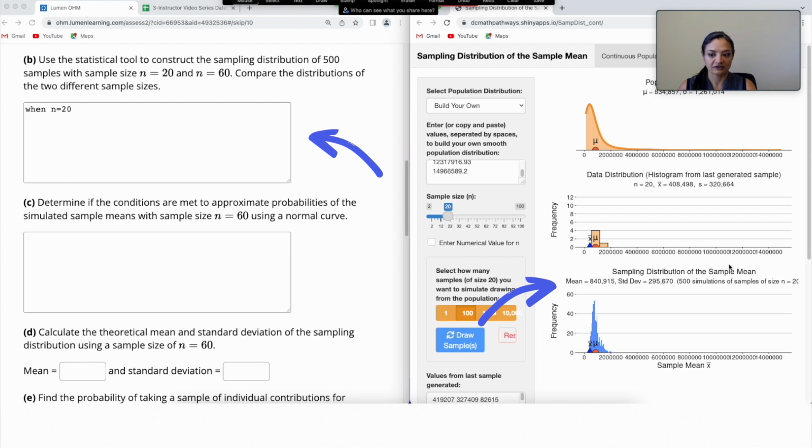And so let's look at what happened with my mean and my standard deviation.